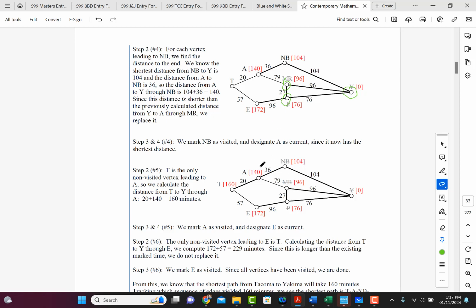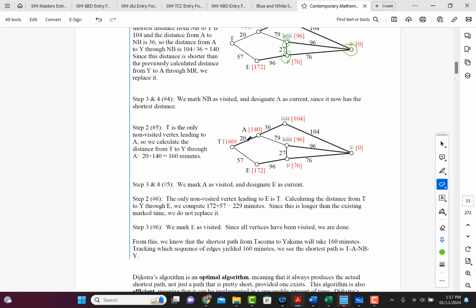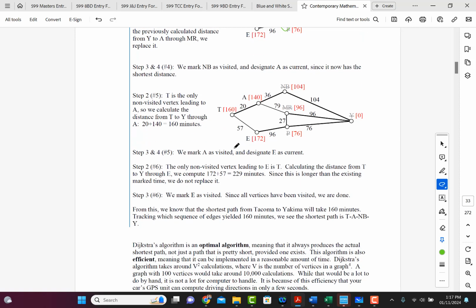Then from A, we've got 20. So 20 plus 140, so we get T is 160 minutes from Y. And so what happens now?